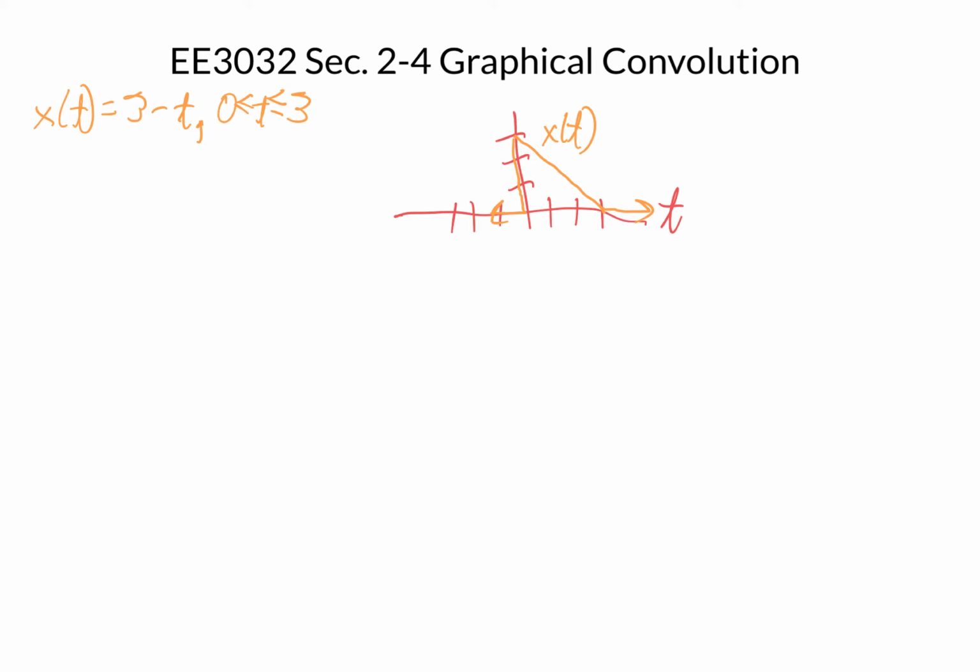Now if we wanted to use the technique we have up until now, we could write it as, moving along from left to right, unit step of t minus ramp of t plus ramp of t minus 3.